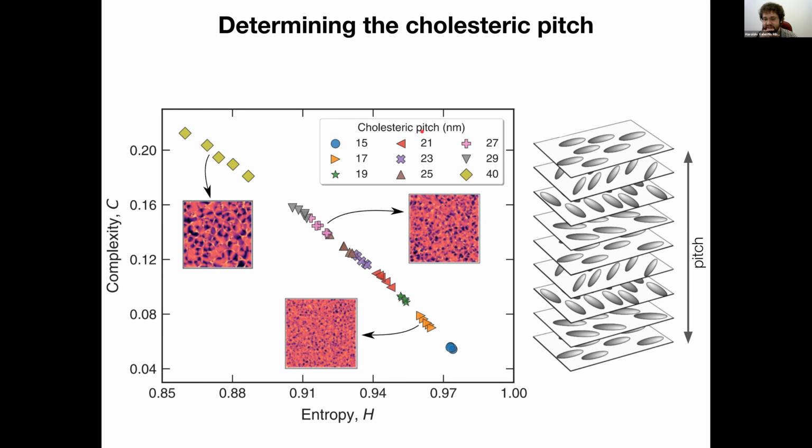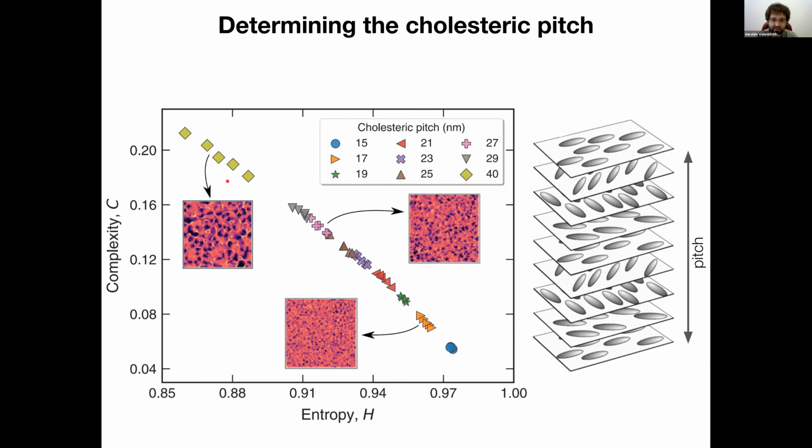And what we see here is that more or less each pitch is somehow localized in a region of the complexity-entropy plane. So this indicates that these 2 values can be helpful in predicting the pitch of this material. And well, it probably will not be perfect. As you can see, we have a lot of overlap between some values, but it has some potential.